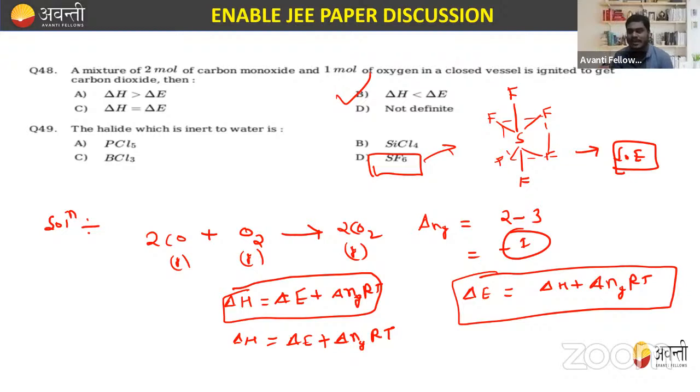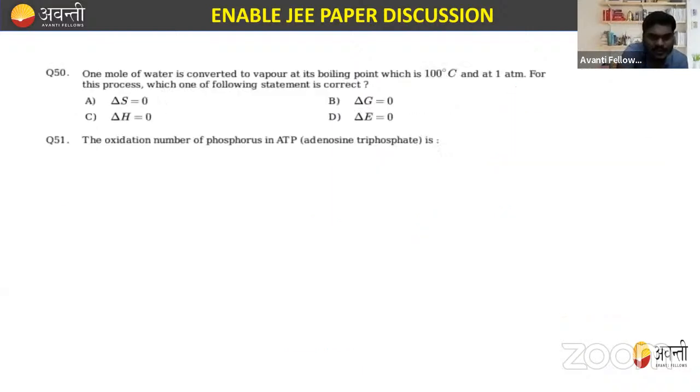Because they have 6 atoms in a small region, and due to this they are inert. So I hope this is clear to everyone.